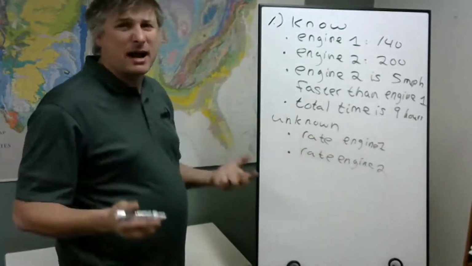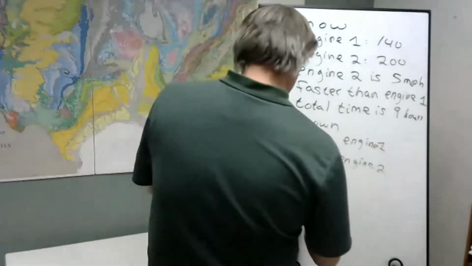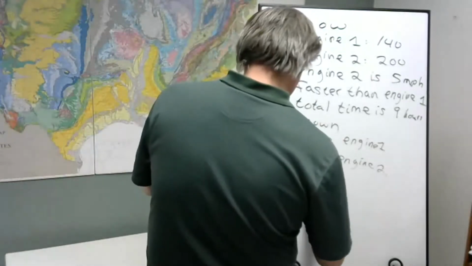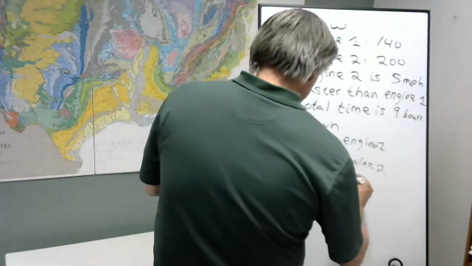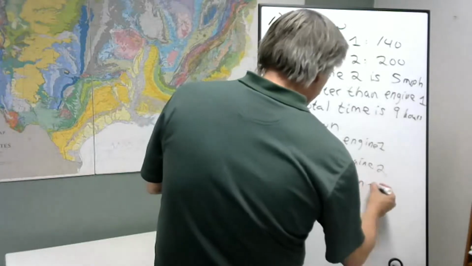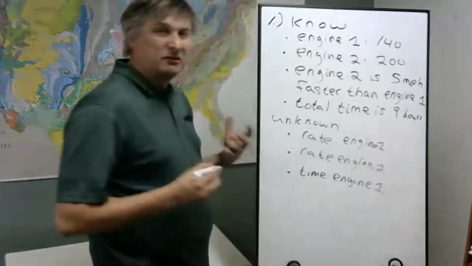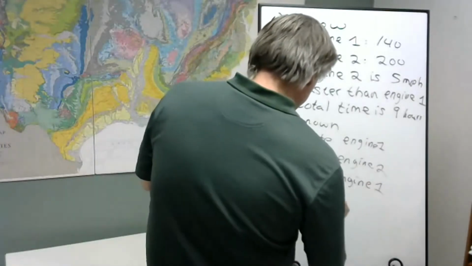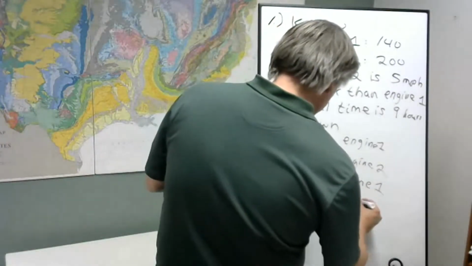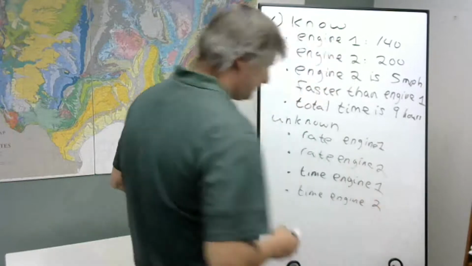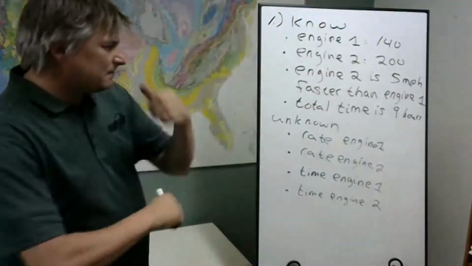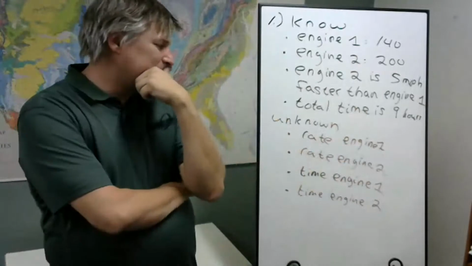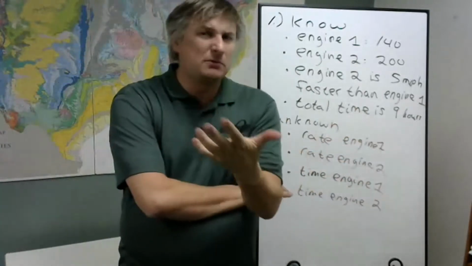Now, we don't know the time for each engine. Like, how long was engine 1 pulling for? Same for engine 2. Now, we do have a total time, 9 hours. But I'm going to argue the time isn't really as unknown as we think.